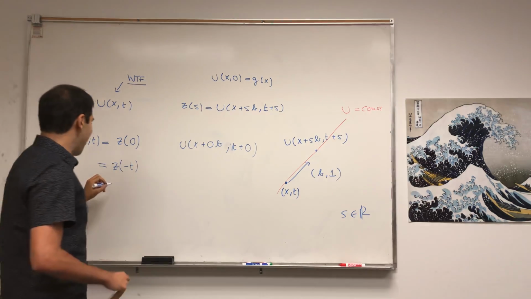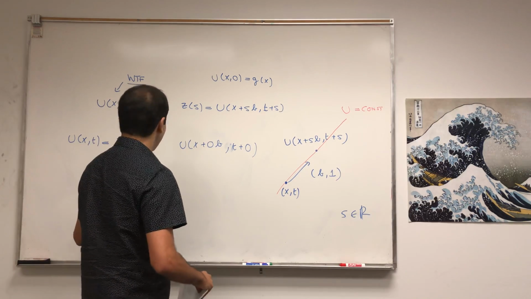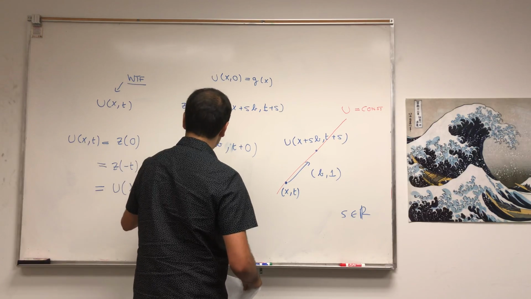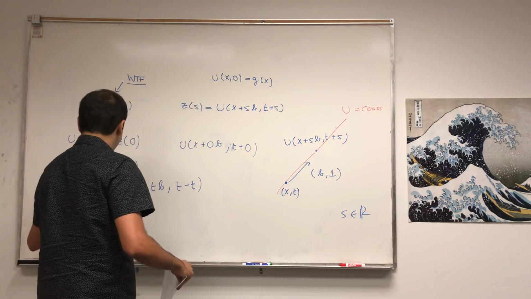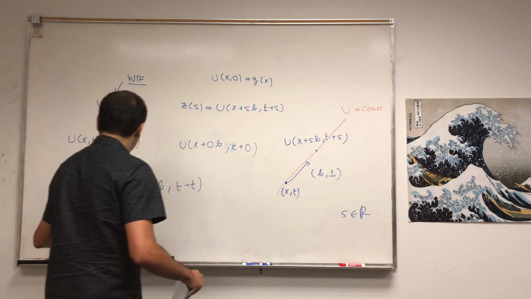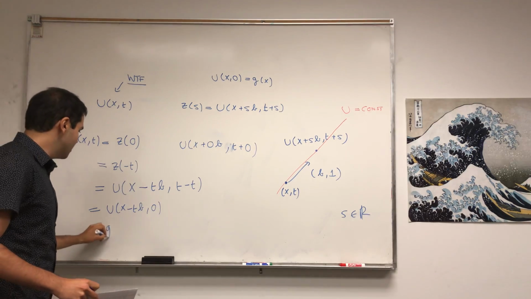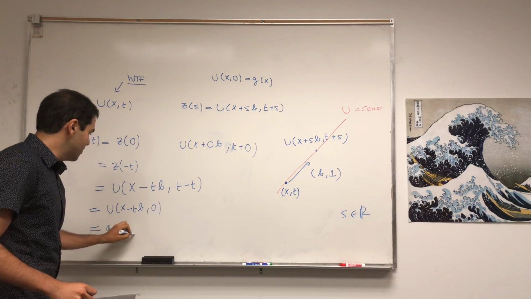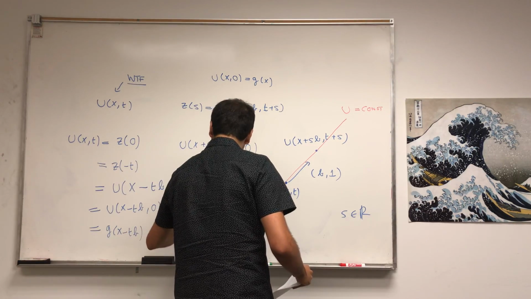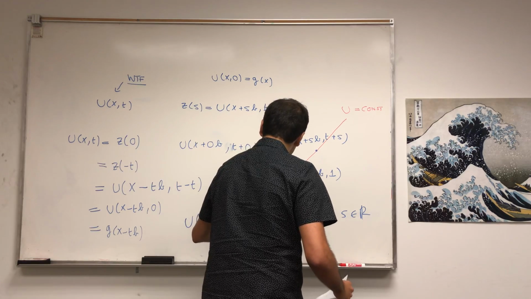And now, just like magic, the formula will pop out. So it's u of x minus tb and t minus t. And that's u of x minus tb, 0. And because u at 0 was g, that is g of x minus tb. And therefore, we get our formula, u of x,t is g of x minus tb.